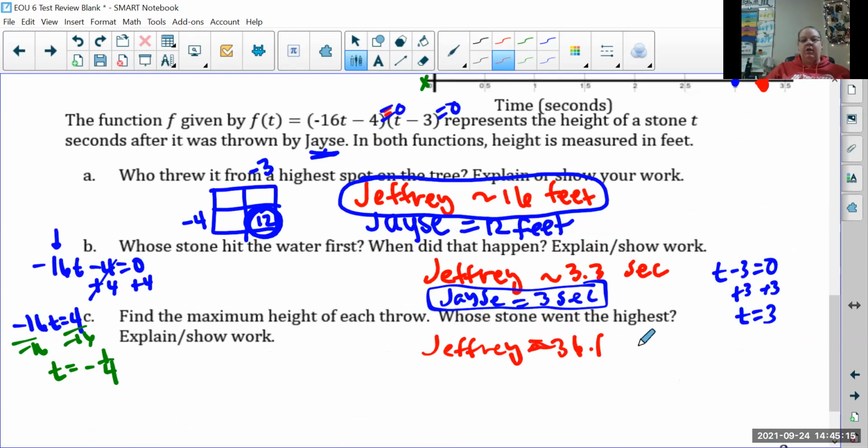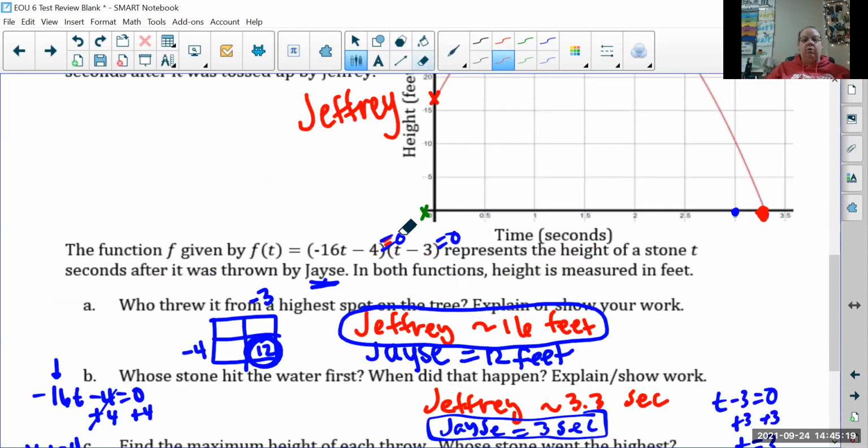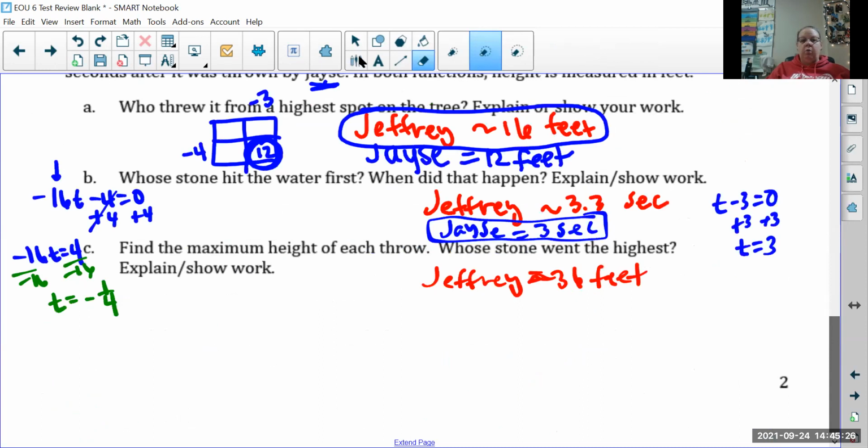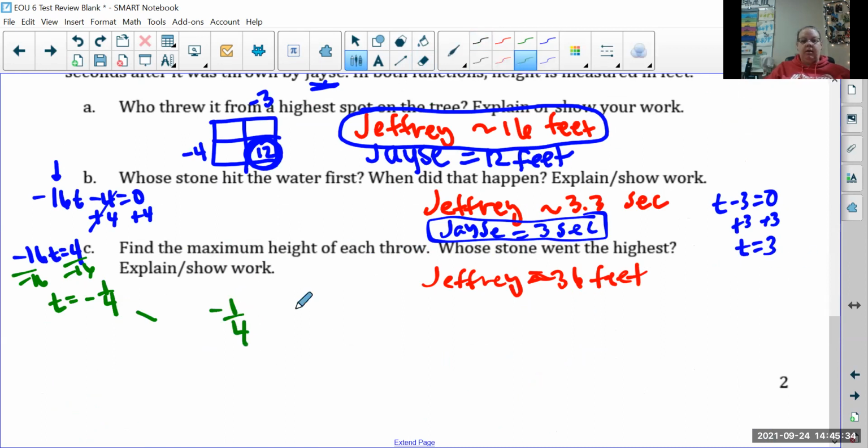Now we need to find Jace's, and again, we have the factored form to do that. In order to find the vertex from the factored form, we need to find the exact middle of his 2 x-intercepts. We just found the 2 x-intercepts. We have negative 1/4 as one of them, and we have 3 as the other. So we're going to add those 2 up, and then divide by 2.